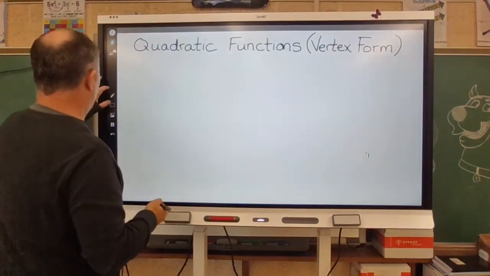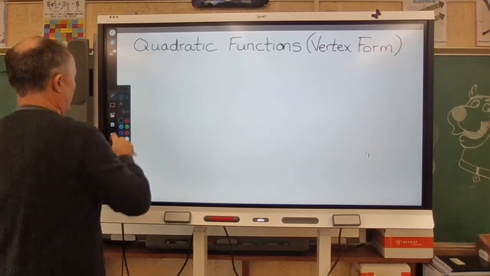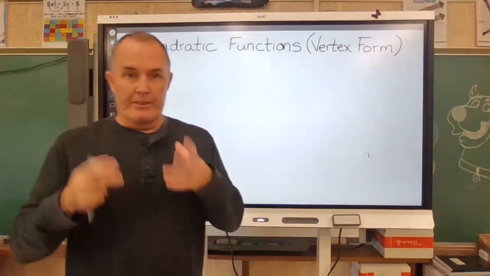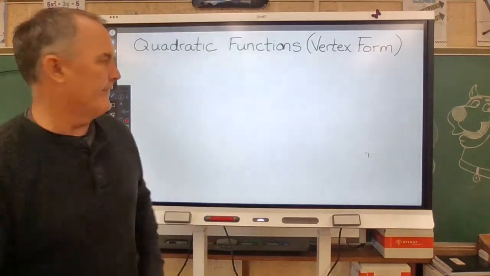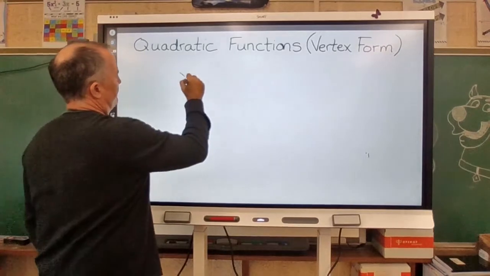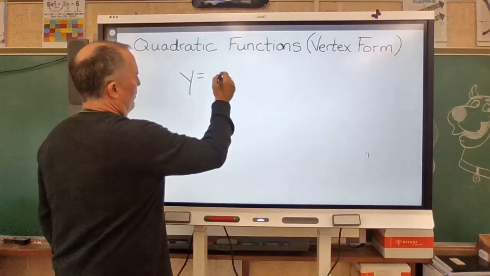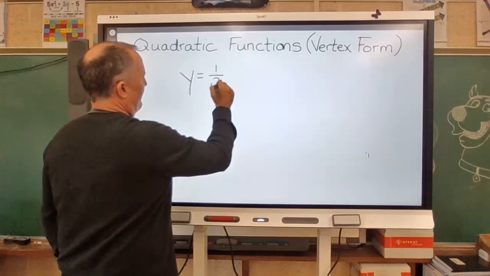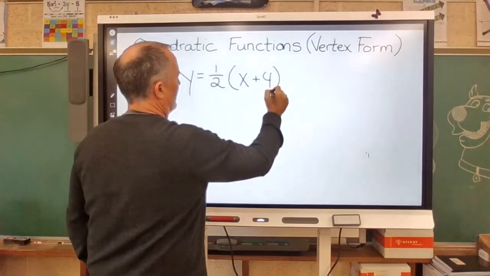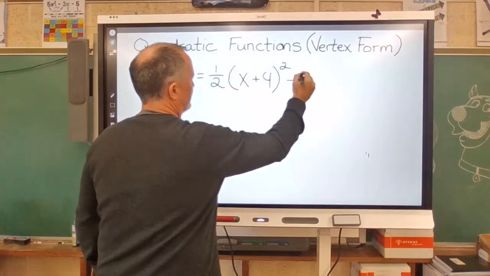All right, so if I gave you an example of a quadratic function in the vertex form with all the numbers in it, including an a, it would look like this. y equals 1/2 (x plus 4) squared minus 3.